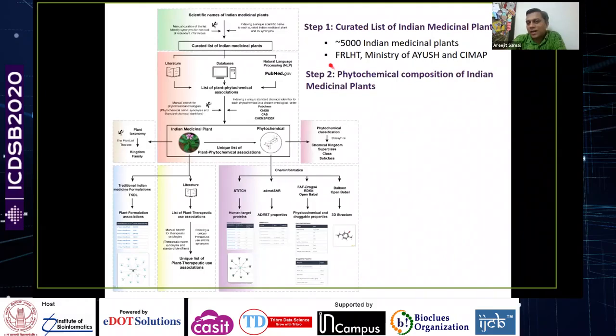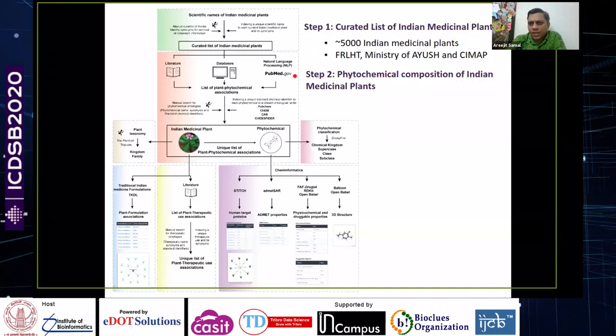So we gathered a list of Indian medicinal plants from reports and books from Ministry of Ayush, CMAP, the CSR organizations reports, FRLHT organization in Bangalore, and several other resources. And we tried to build first a non-redundant list of Indian medicinal plants. And for this work, when we started, we had roughly 5,000 Indian medicinal plant names for which we could search for phytochemicals. So this seems tedious, but this was not that difficult.